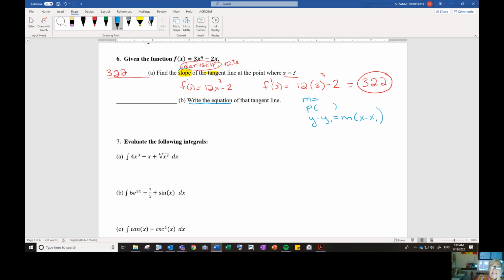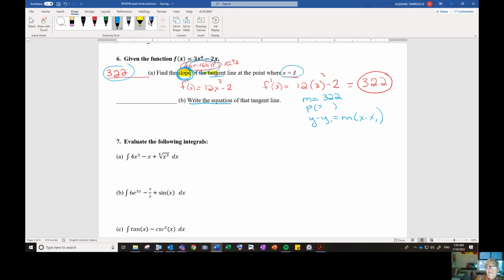All right, well, a slope is a derivative. That's what you found in part A. You found the slope. Now, we want to write the equation of that tangent line, meaning the one that we are working with in part A.